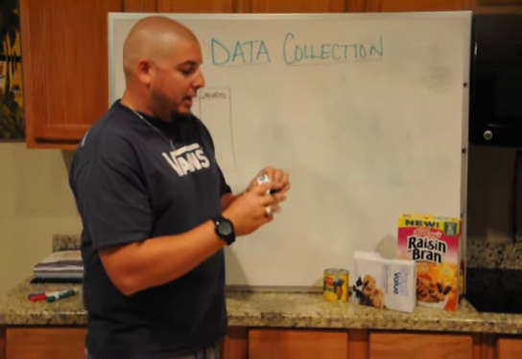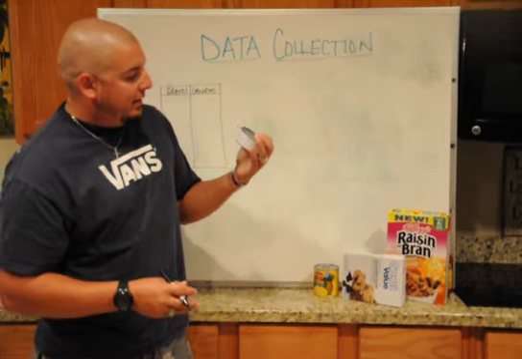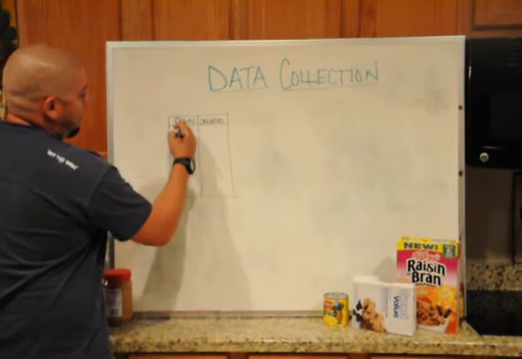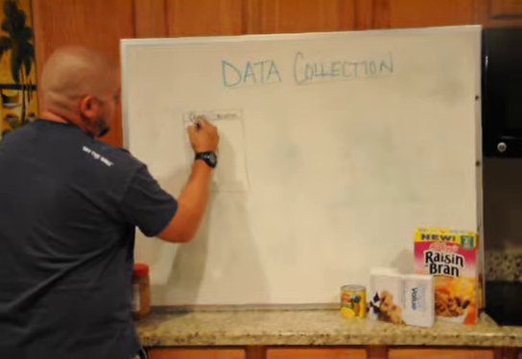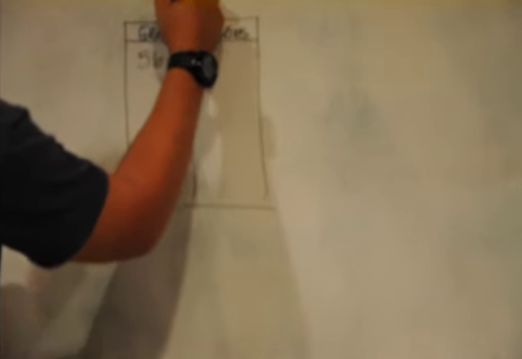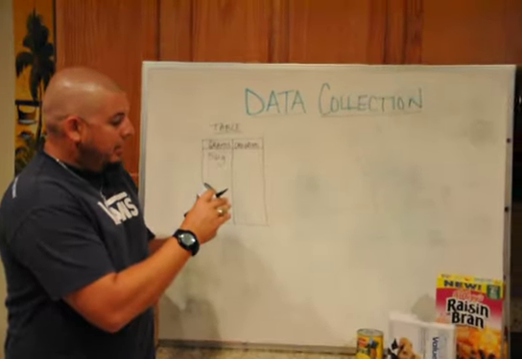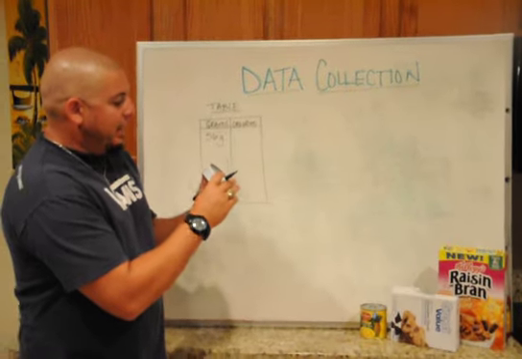So right here I'm holding a can of tuna fish, and it has about 56 grams. So I'm going to write down, as part of my data collection, 56 grams. And of course, I'm just going to label this table just in case you forget. Most of you have seen tables before. This is not a new concept to you. Well, 56 grams for this serving of tuna fish, it has about 50 calories.